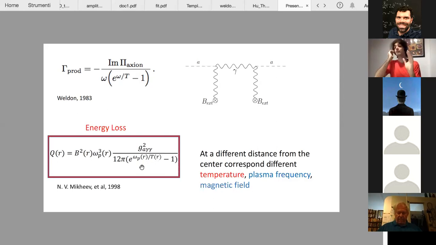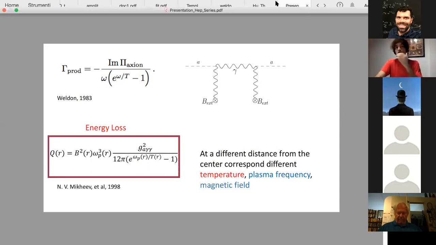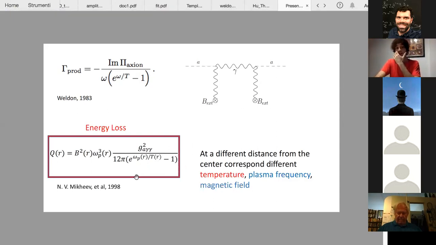So if you have in mind whatever application of what I'm talking about in an astrophysical environment, you should first check that this rate is not exponentially suppressed. If your plasma frequency is much larger, so it's super dense compared to the temperature, you're not going to produce anything, okay? So this is a crucial ingredient.